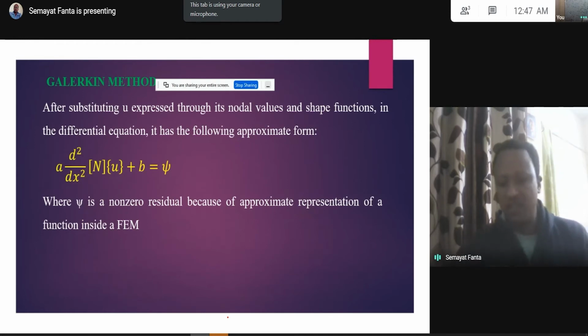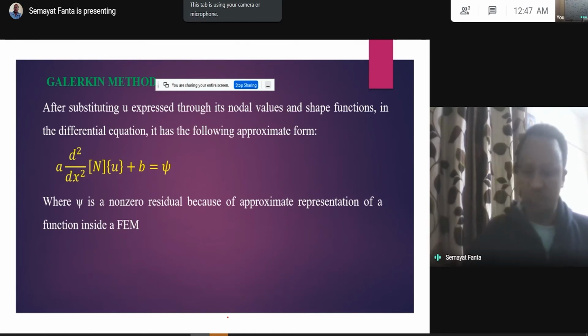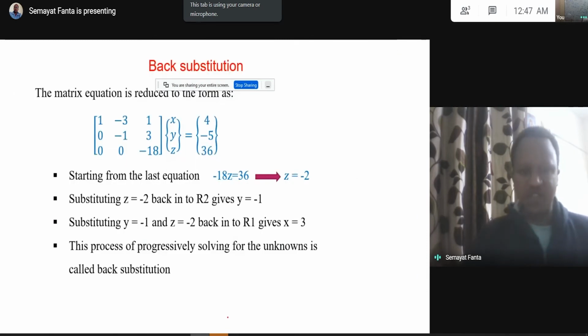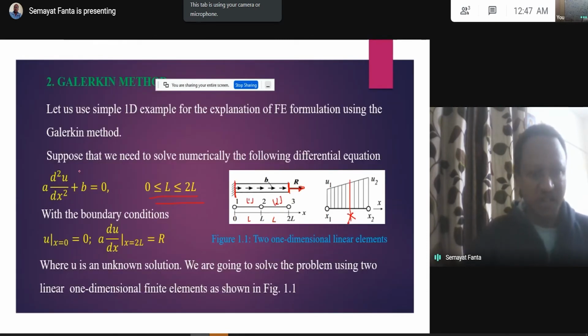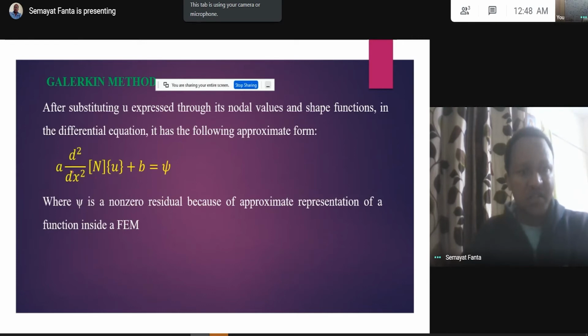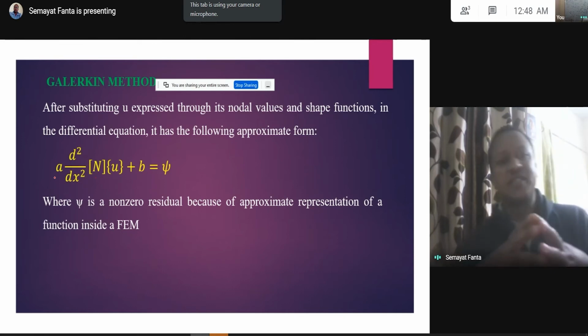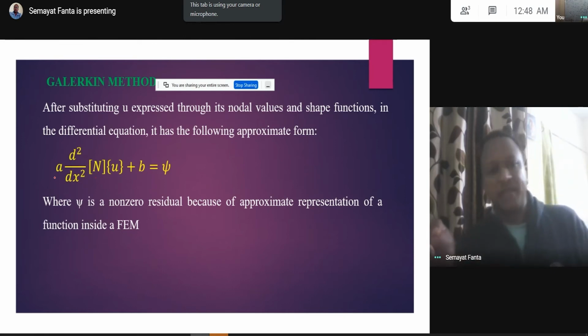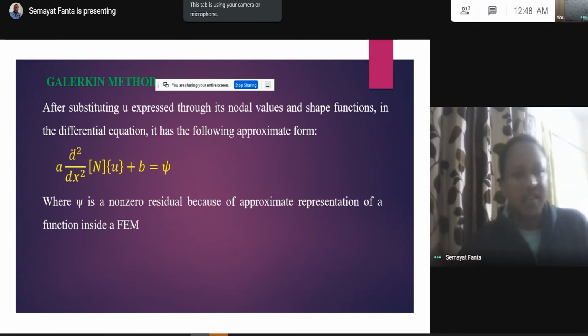So now, by substituting the value of u in the differential equation, the original differential equation is this one. If we substitute this u of x, then we can get this equation: d square of u, multiplied by A times E. A is the area and E is the Young's modulus of the material.